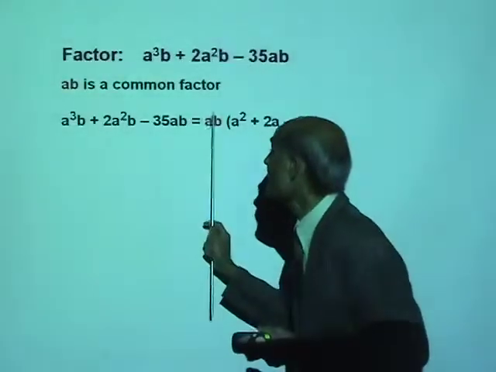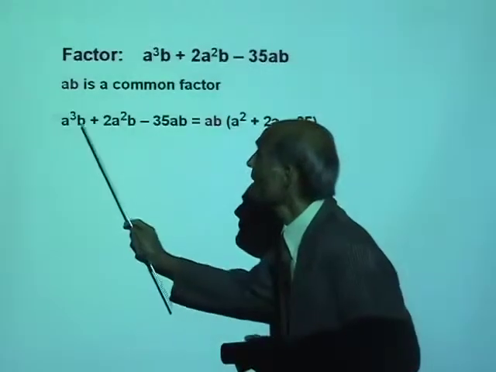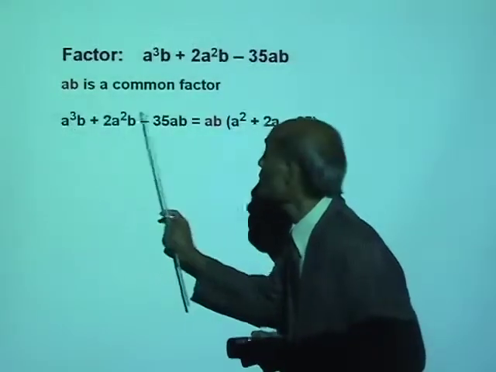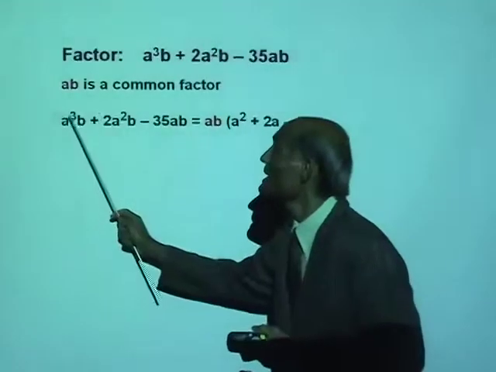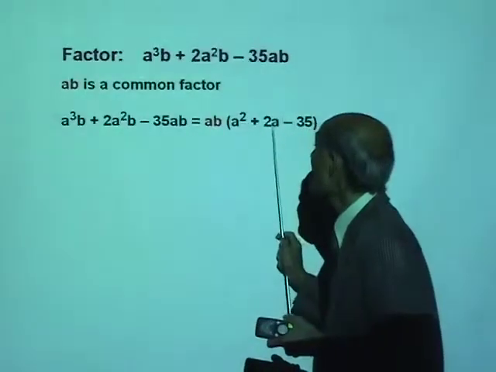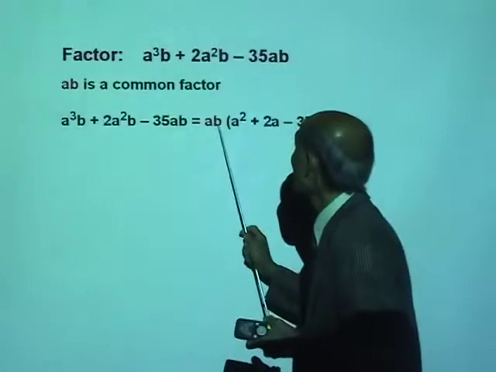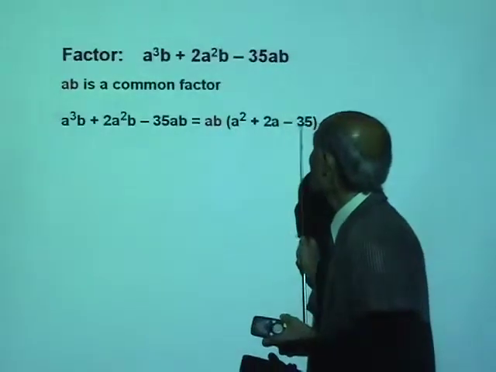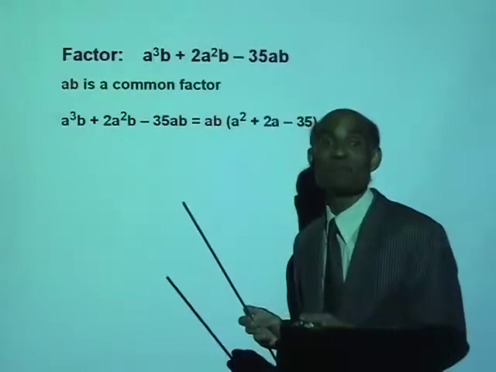We pulled out an AB as common factor, leaving an a squared in the first term. Look at this. AB times a squared is a cube b. AB times 2a is 2a squared b. And AB times negative 35 is minus 35ab.